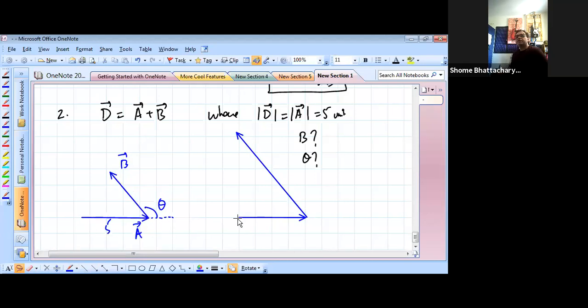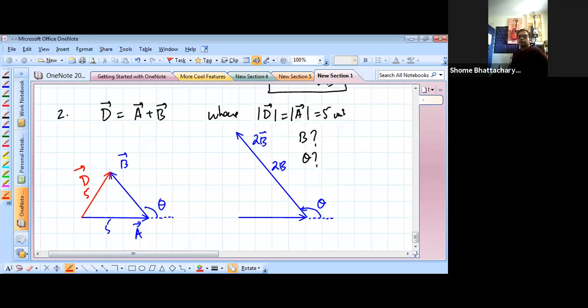So if you compare these two, it should be like this. In this diagram, this should be double the length because this was 2B. But the angle is the same because they are parallel vectors. So if this is theta, this is also that theta. And now the vector D in this diagram will be the resultant sum of these two, which will become like this. Okay. So D will also be a vector of magnitude 5.